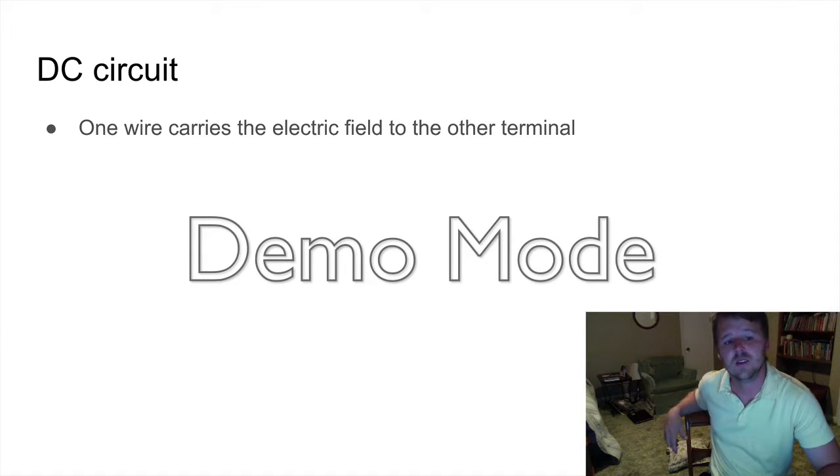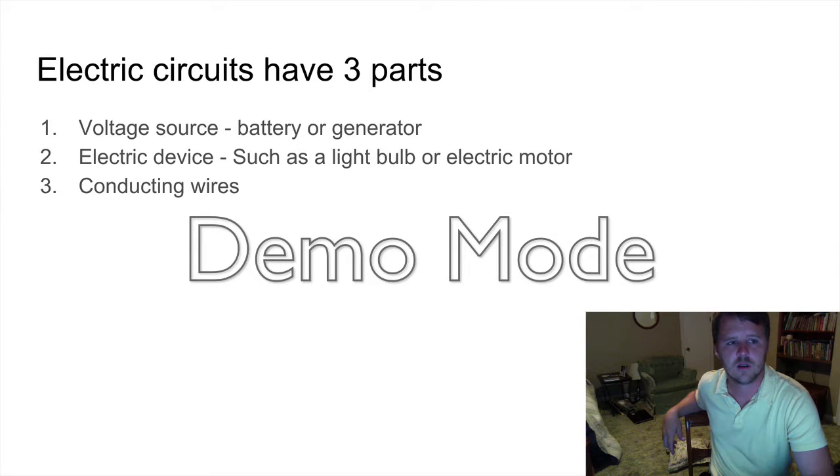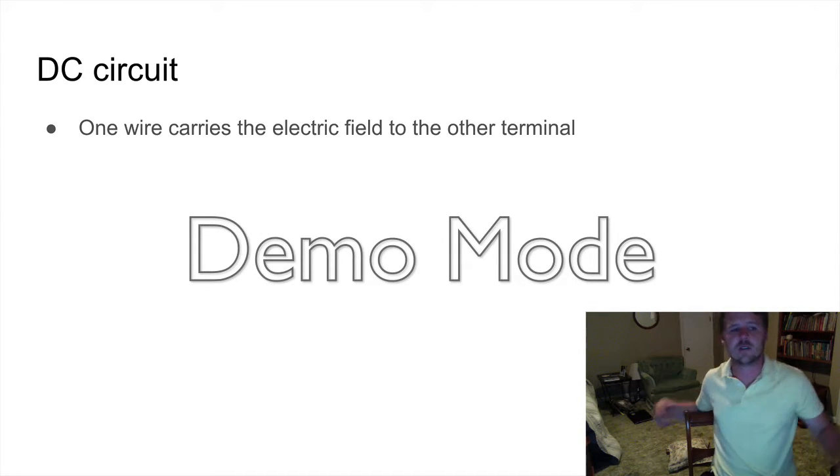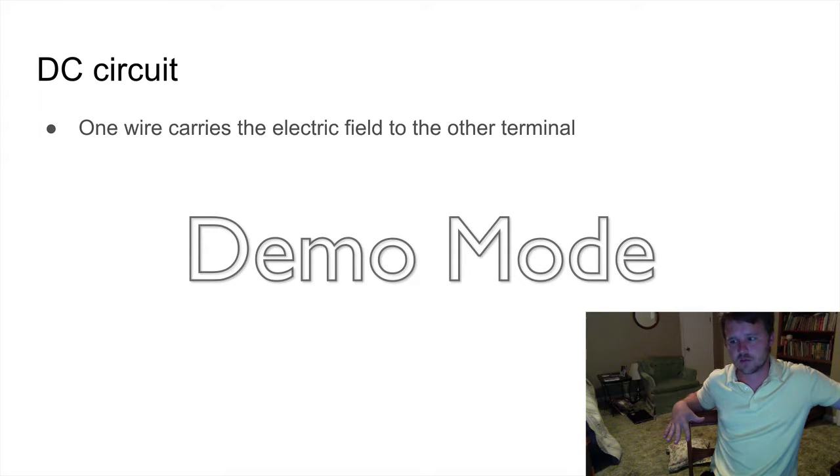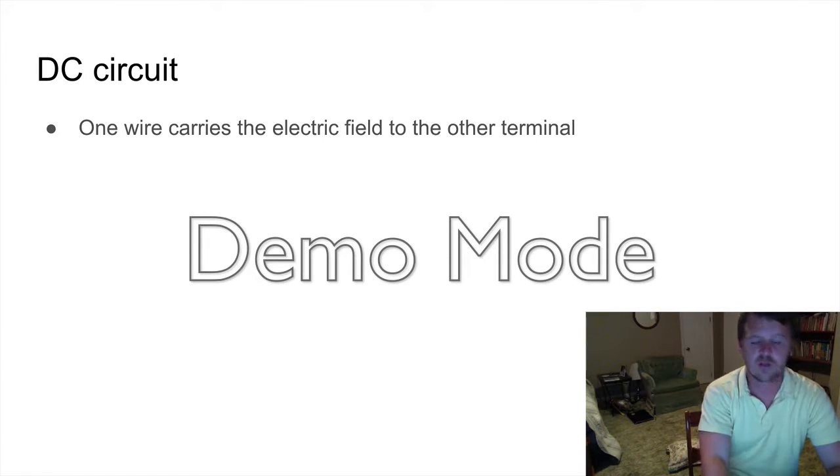You do have to go back to the DC circuit. In DC circuits, one wire carries the electric field to the other terminal. It goes through it, and then you have to have another wire carrying it back, because you have to maintain separation of charges so that the electric energy flows through the circuit.